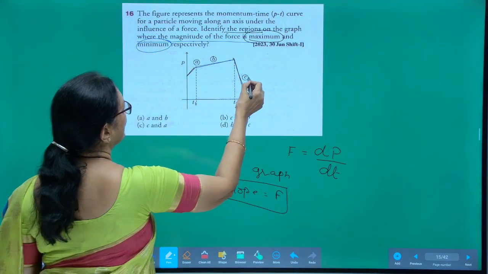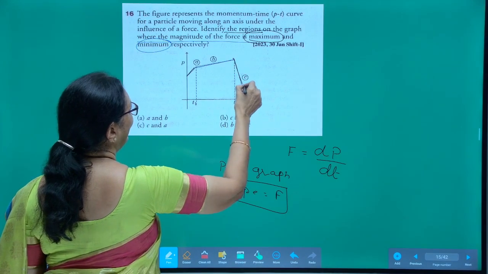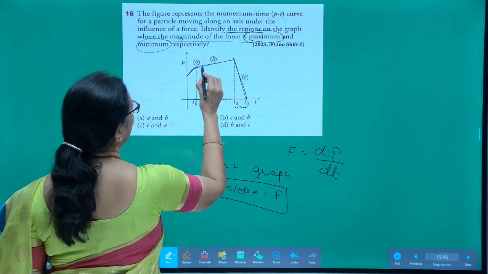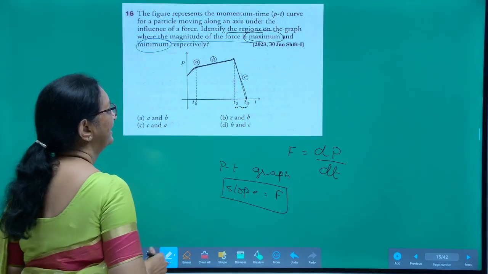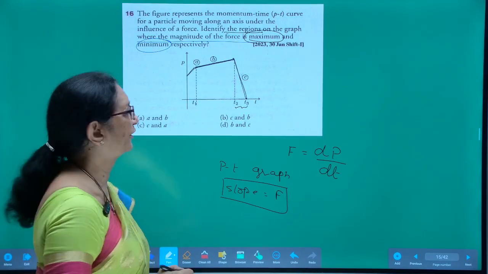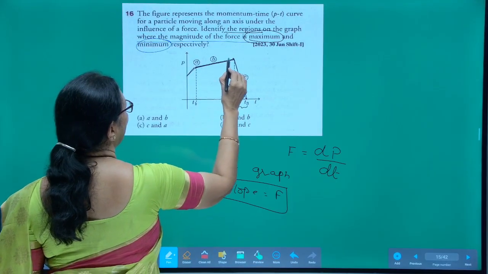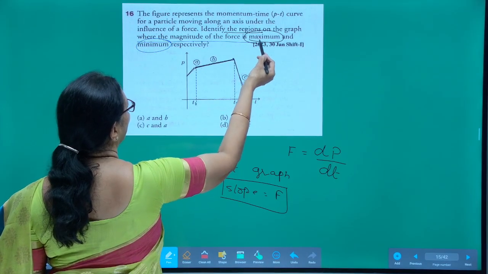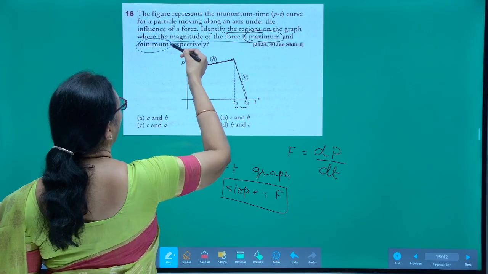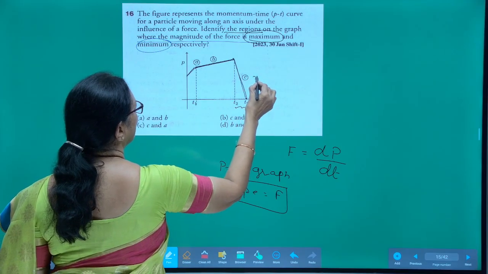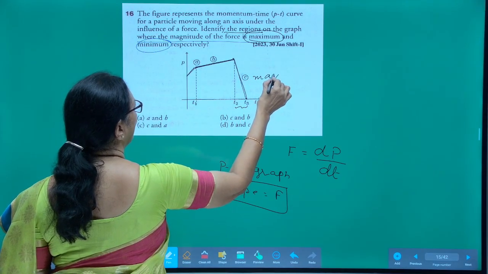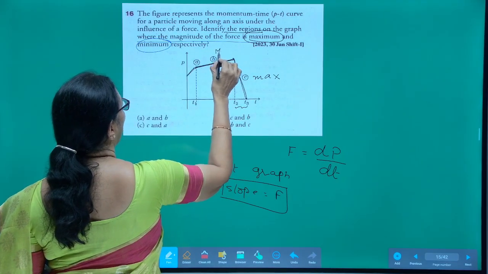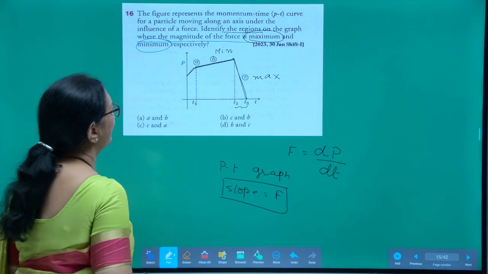Slope is maximum in this region, and in this region slope is just more than 0. So, this is the least slope, and this is the maximum slope. You have to find maximum force and minimum force regions. So, this is the maximum force region and this is the minimum force region.